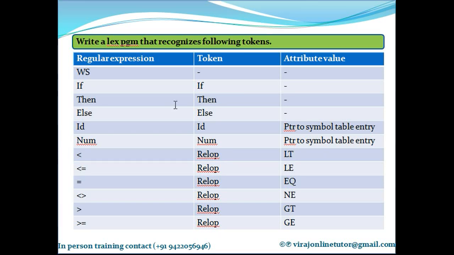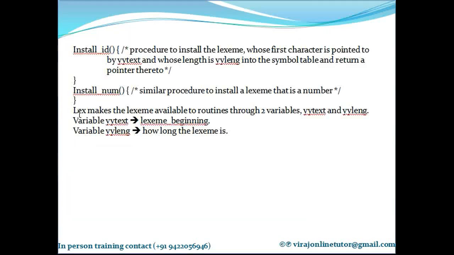For the token then, YY text will point to T. For the token else, YY text will point to E. Is that clear? So YY text points to the lexeme beginning, the first character of the lexeme. YY length is the length of a lexeme. It will tell you how long the lexeme is. So YY text is pointing to the first character of a lexeme, and YY length is the length of the lexeme. Simple.